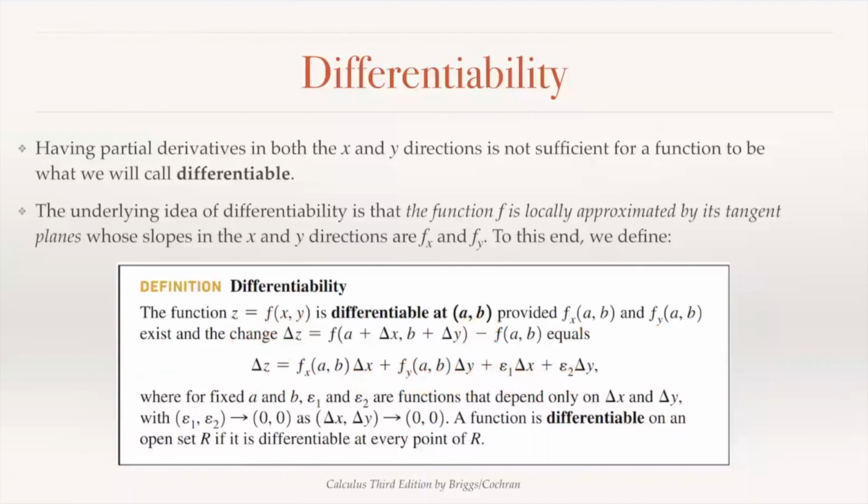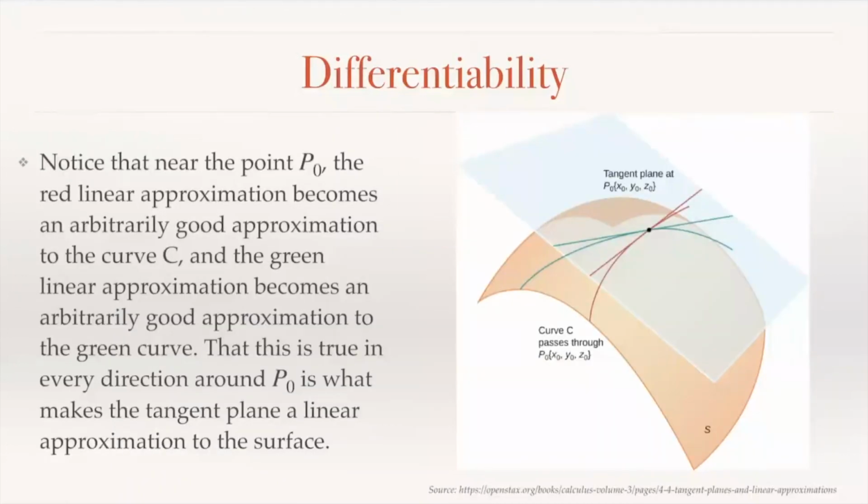I think that a picture would help this. So here's a surface, and here's the tangent plane to that surface at this point. We say that the function is differentiable at this point if it's arbitrarily well approximated by the tangent plane in all directions.